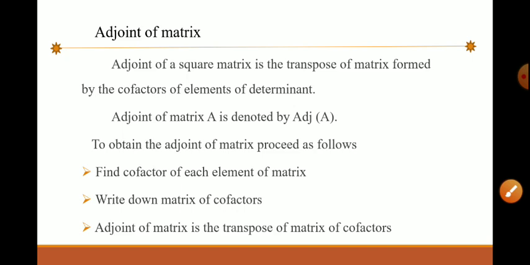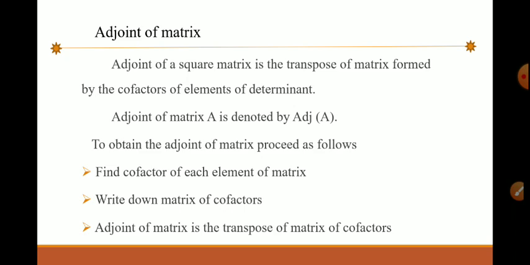Now, to obtain the adjoint of a matrix, proceed by the following steps. First, find the cofactor of each element of the matrix. To find cofactors, first we have to find minors. Second, write down the matrix of cofactors, which means in the original matrix replace each element by its cofactor.